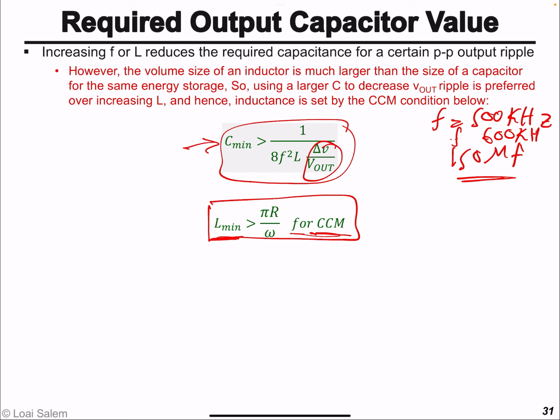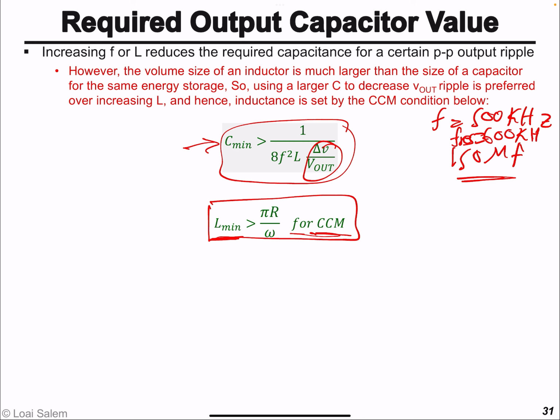So essentially, the capacitor's self-resonance frequency is not equal to twice 500 kilohertz, or 1000 kilohertz in this case. No, actually it's lower, 600 kilohertz.